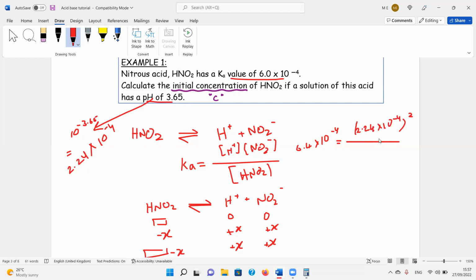So now at the bottom, we will put the initial concentration minus X, because it is that concentration and a value of X has been removed from it. So here we have the concentration, let's say C, minus X, which is 2.24 times 10 to the power of minus 4, because since we know X, we shouldn't ignore it.